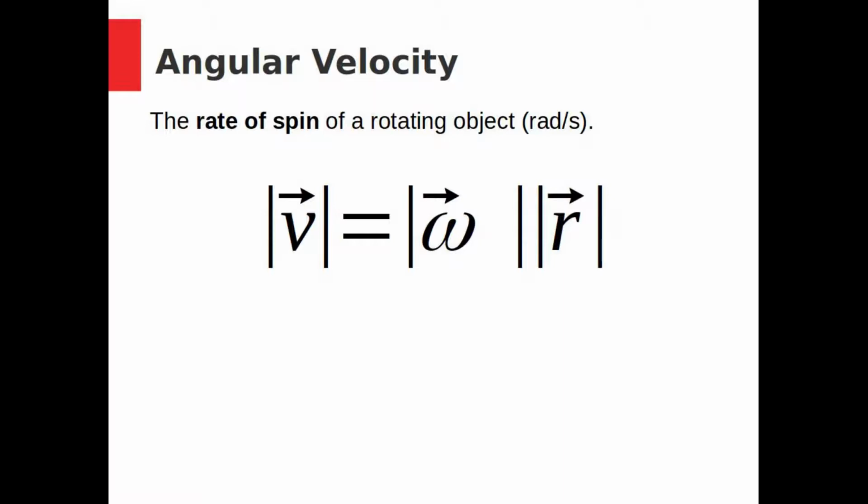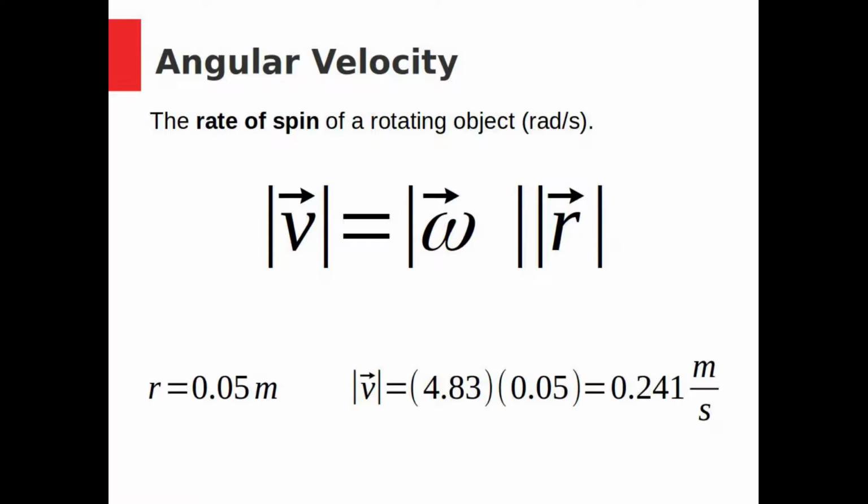Take the angular velocity in radians per second, multiply it by the distance in meters, and you get the linear velocity. So for the innermost sticker, located 0.05 meters from the center, given that its angular velocity was 4.83 radians per second, the size of its linear velocity is 0.241 meters per second. And for the outermost sticker, located 0.2 meters from the center, the size of its linear velocity is 0.967 meters per second.